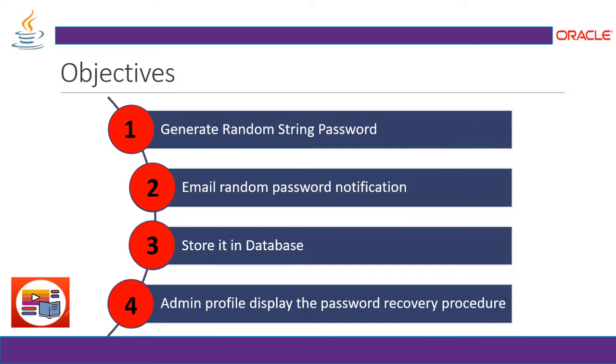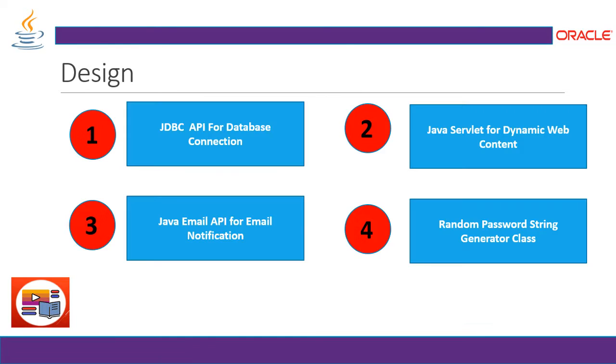While implementing these goals and objectives for this project, first we take a look at the design. Number 1, we need to create the random password, and that password has to be stored in a database. So for that, the JDBC API for database connection. Number 2, communication between the dynamic web content and the database, and from the front end.